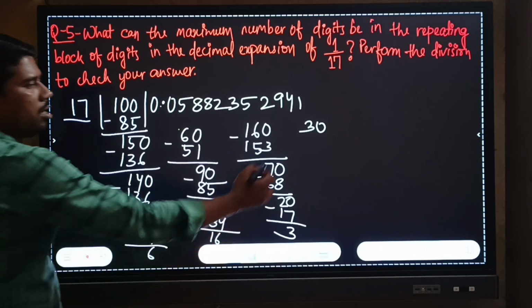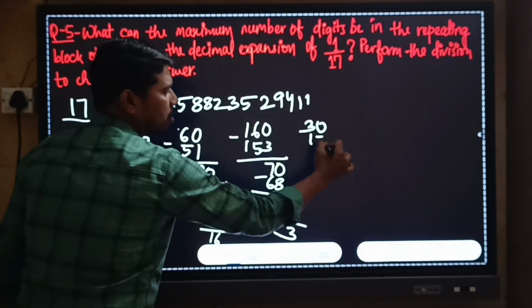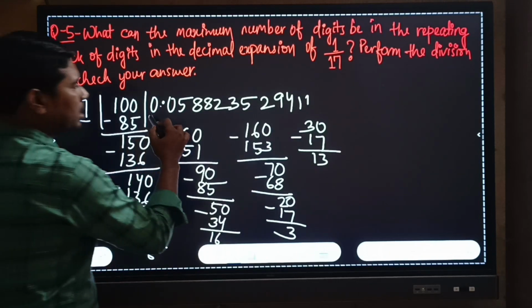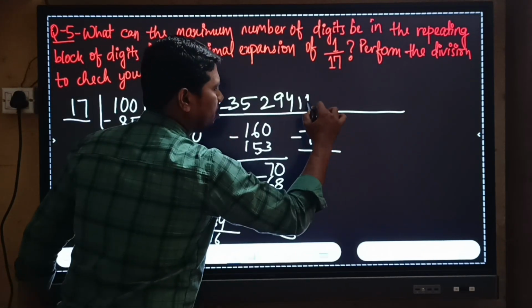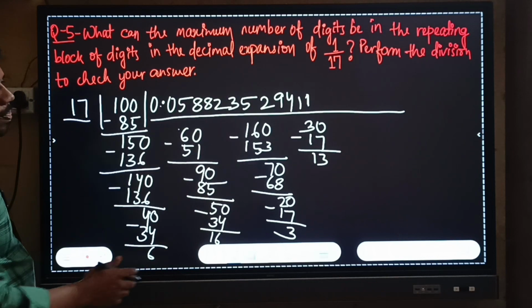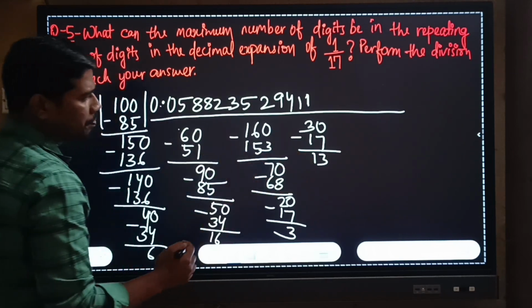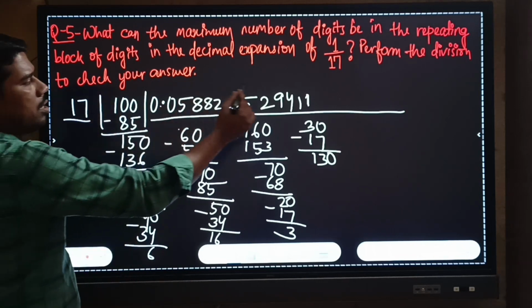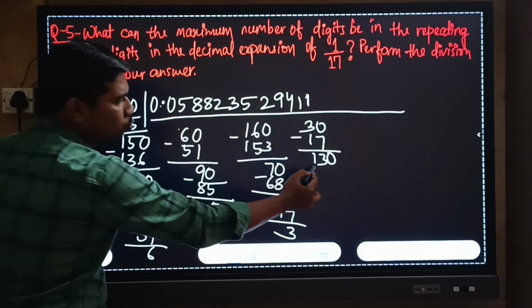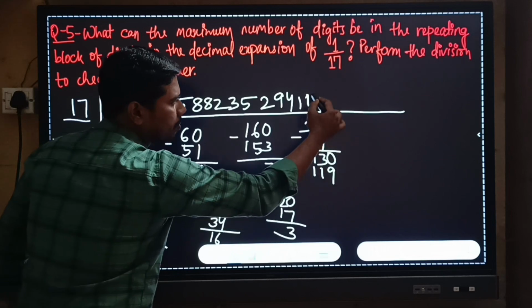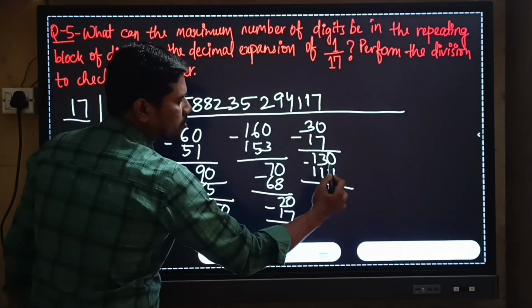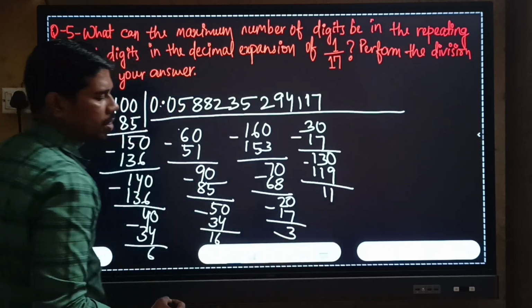Then 17 1 17. Now the result is 13, then 130 will come. 17 7s are 119. Then it will subtract, the result is 11.